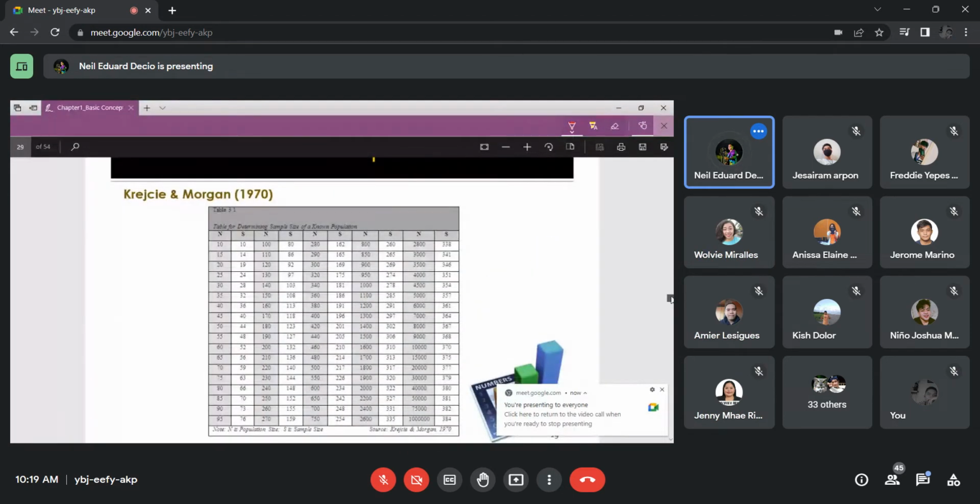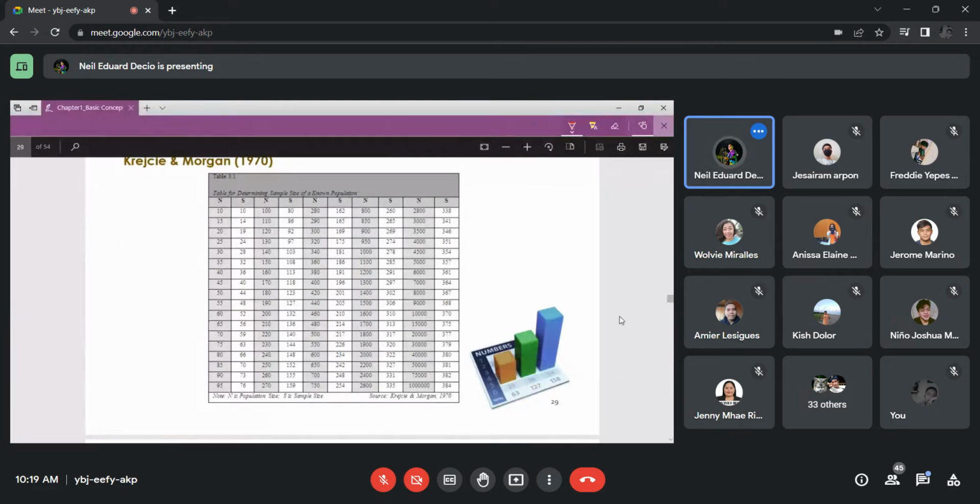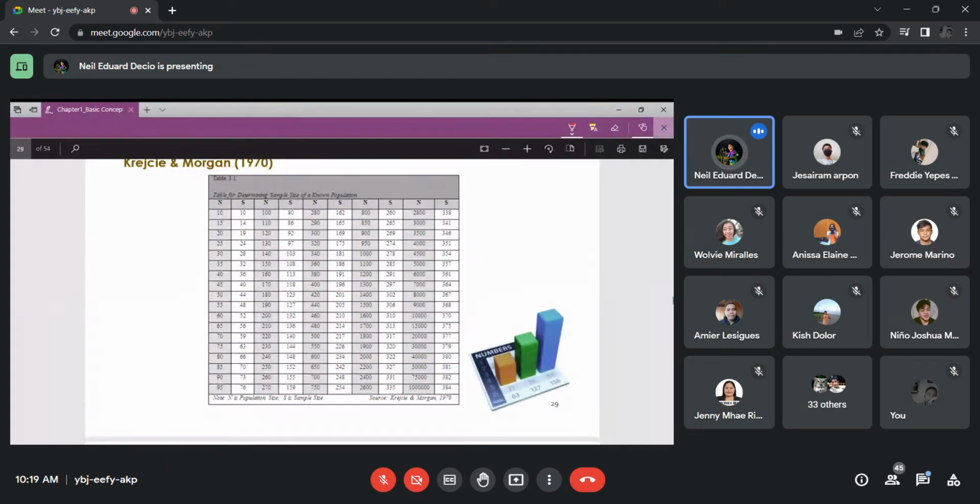I already have also introduced this to you last meeting. So like say for instance dito, yung number of population is 100, yung number of sample is 80. Di ba? That's 80%. Pinaka-safe yan. Masyadong malaki, no?